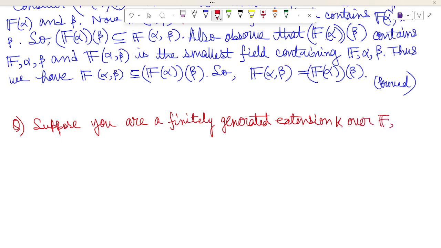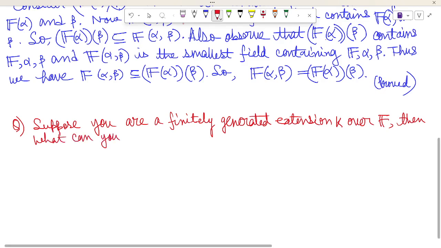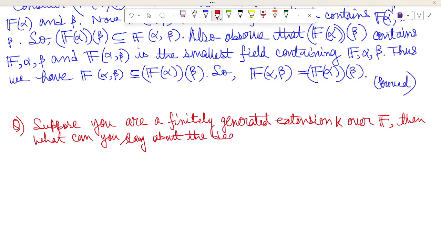If, then what can you say about the degree of extension?